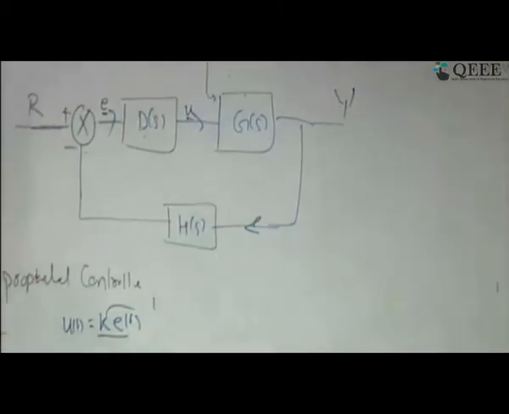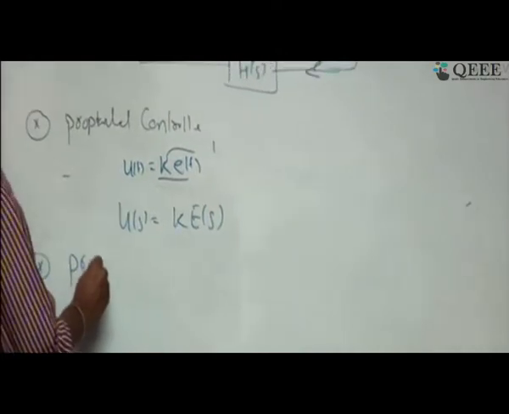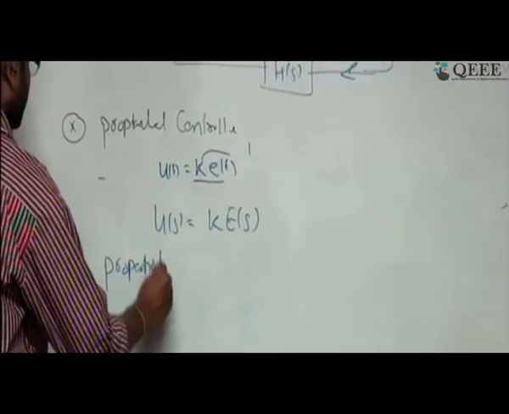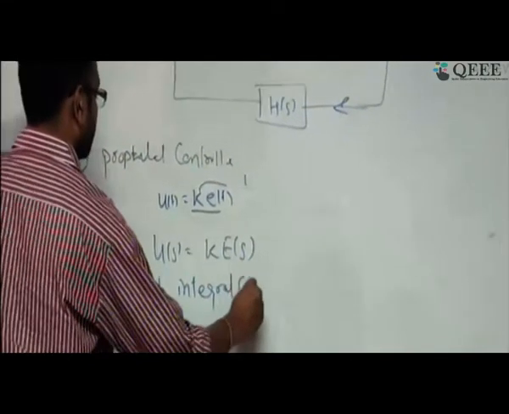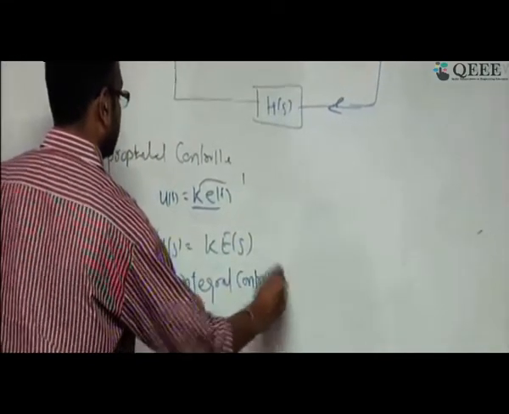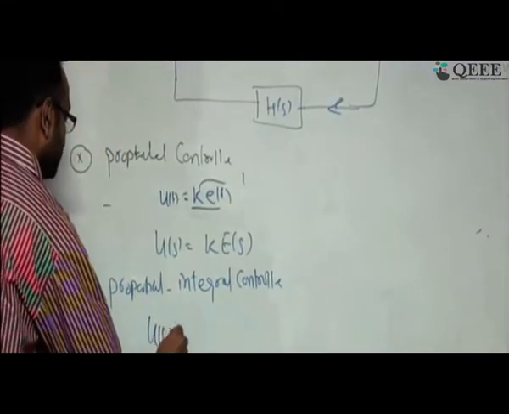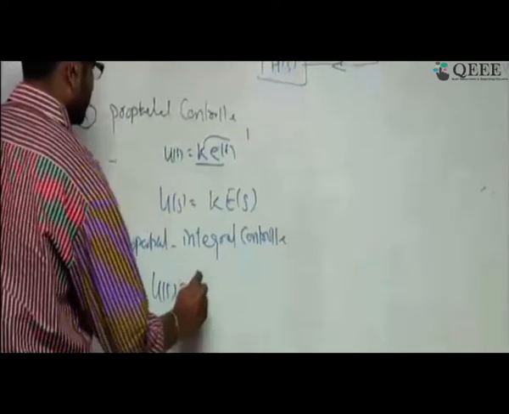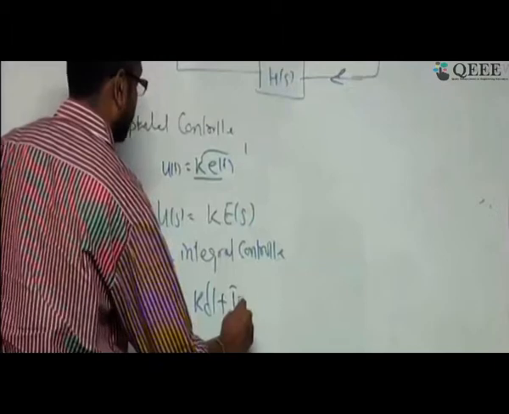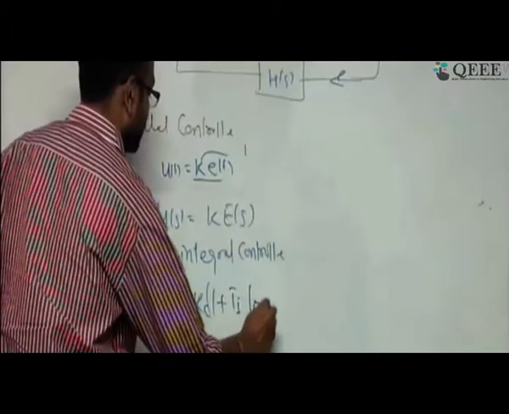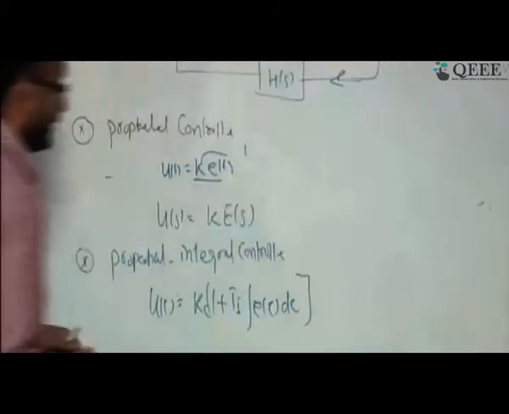Okay, the second thing that is very popular, proportional integral. In this case, your control signal is going to be proportional to Kc times 1 plus 1 by Ti, the integral of E of tau.